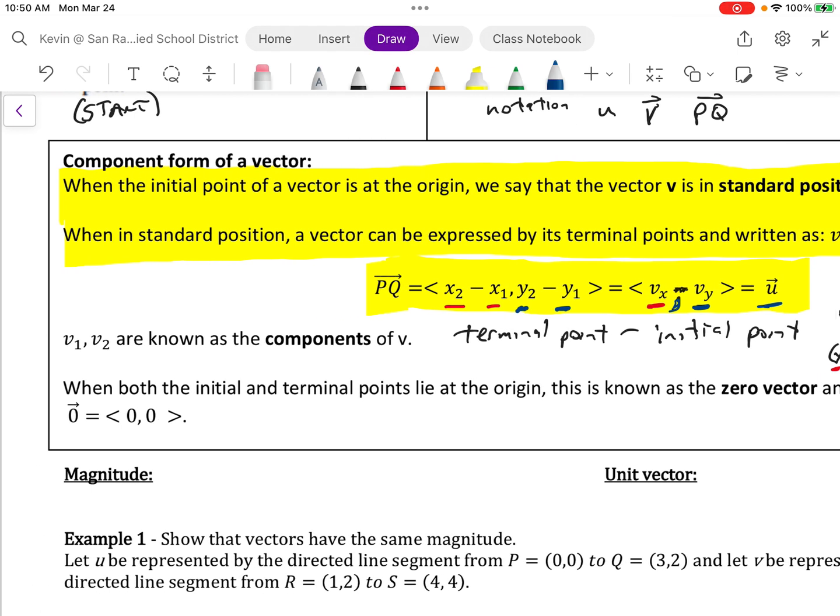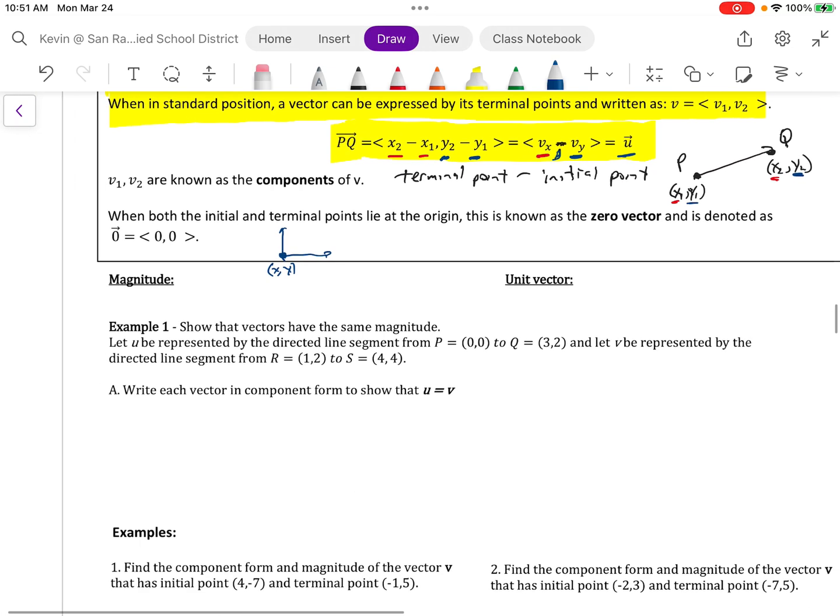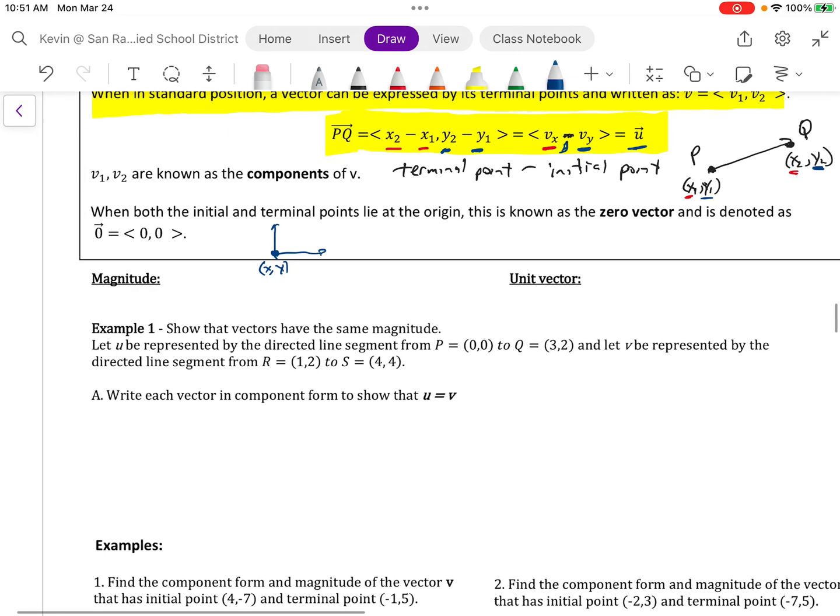It's kind of silly, but if both the terminal and initial points are on the origin, then we have a zero vector, which I think comes up at some point.